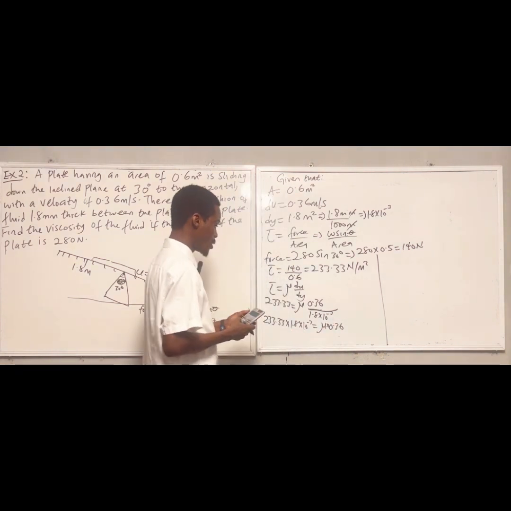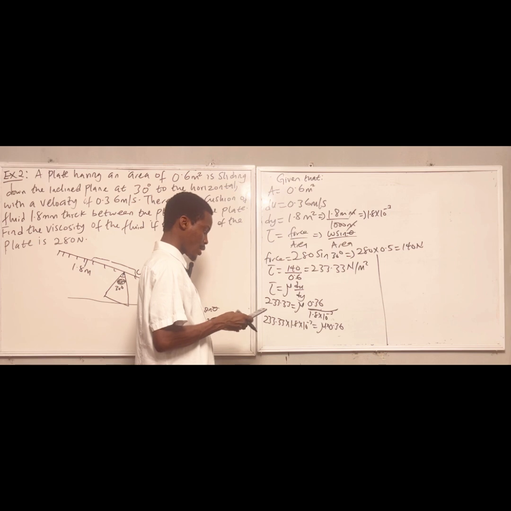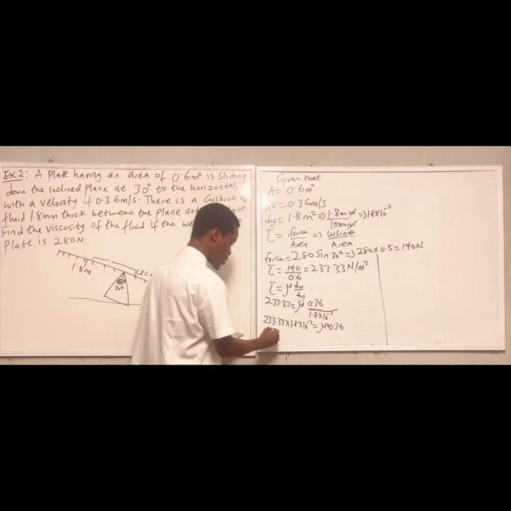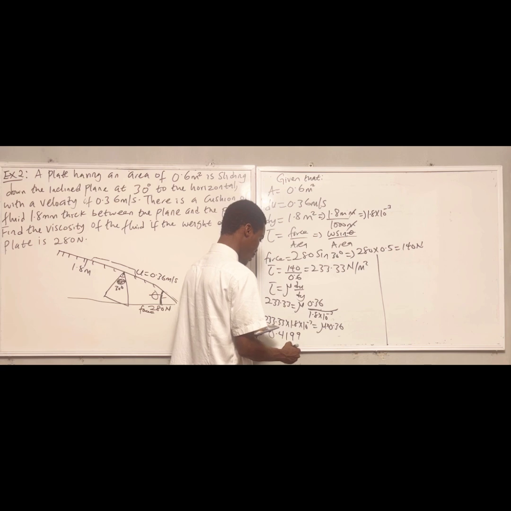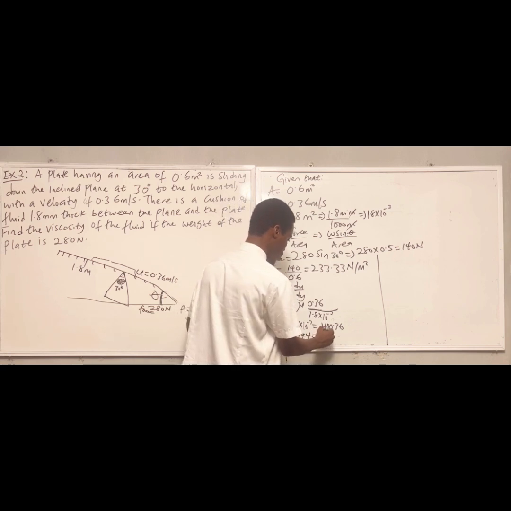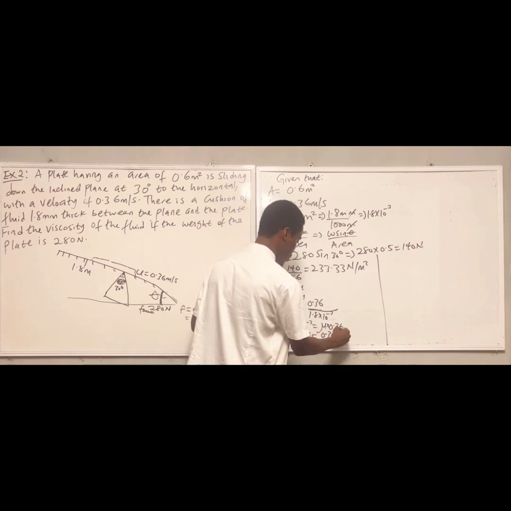So if I multiply this by 1.8 times 10 raised to the power minus 3, I'm going to have 0.419994 is equal to 0.36 mu.